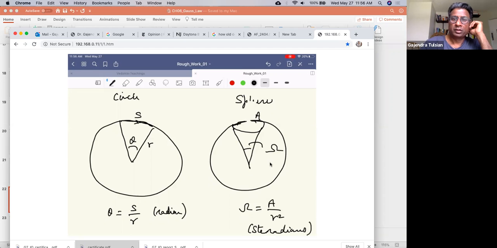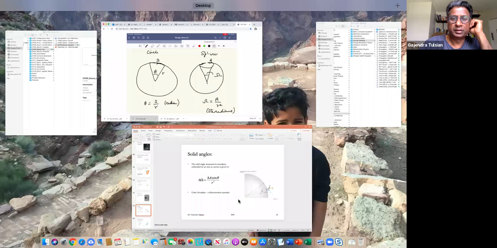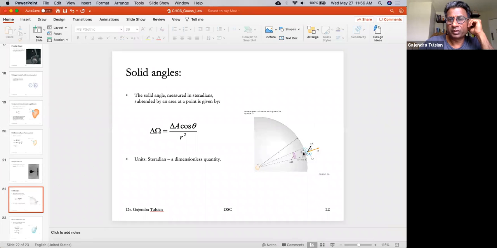Okay, so if the area is at an angle, then there's the area vector, and you take the projection of that area on the sphere, and so there's that projection, delta A cosine theta. So the solid angle subtended by the surface is delta A cosine theta by R squared.